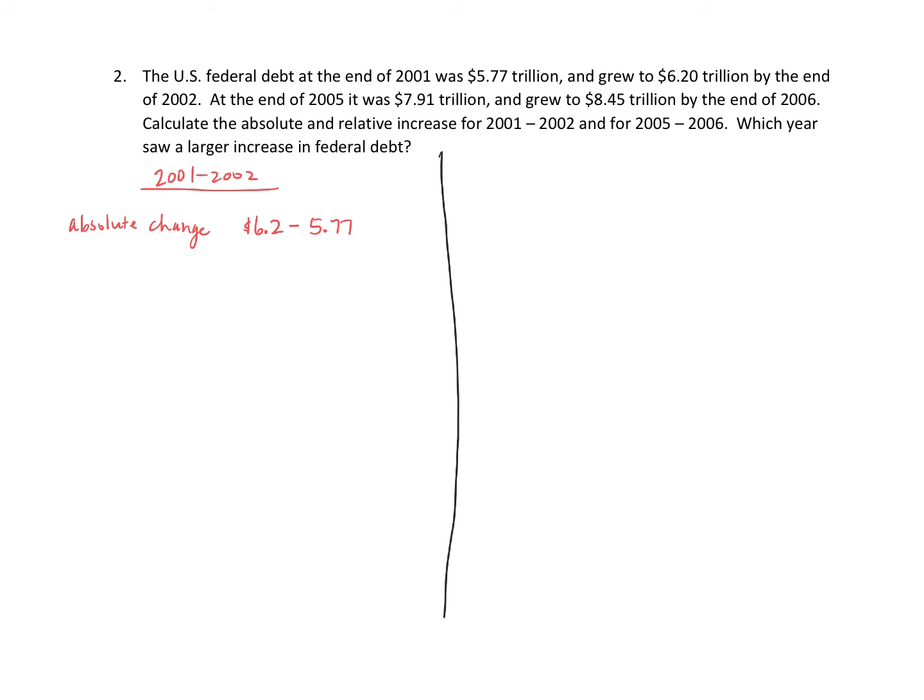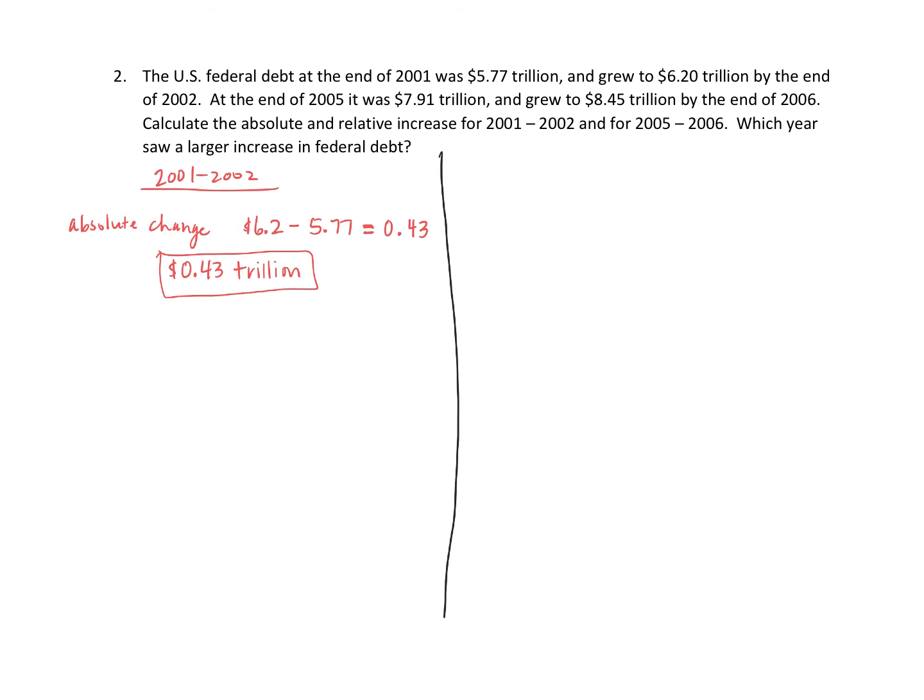I got 0.43. So you would say the absolute change is $0.43 trillion. And it is an increase because it went from 5.77 to 6.2.